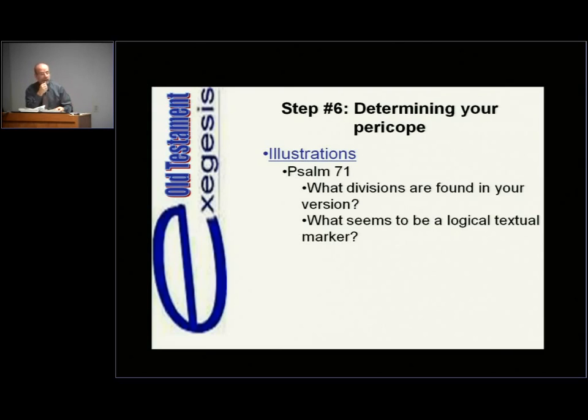So the question I would be asking is, am I going to keep 17 through 21 together, or am I going to break each of these vocatives into independent units? That's a question for study later on.